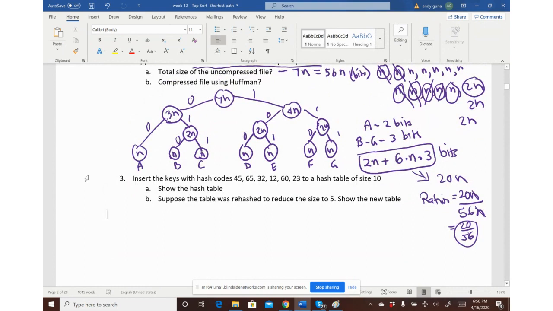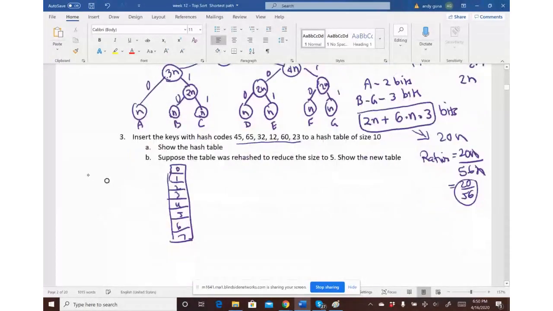So let's do a hash table problem. Let's suppose that we want to insert these keys into a table of size 10. So a table of size 10 means that I have 0, 1, 2, 3, 4, 5, 6, 7, 8 and 9. Okay, so where does 45 go?